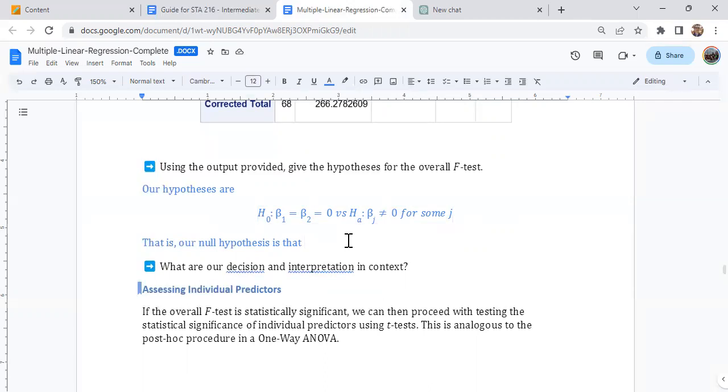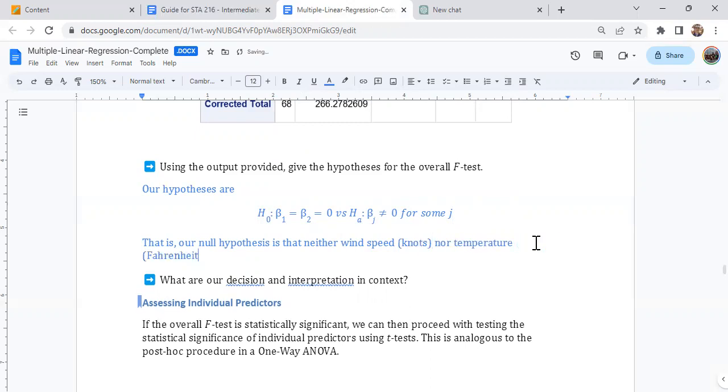So here we'll say our null hypothesis is that neither wind speed nor temperature, I guess we should probably add the units of measurement too, neither of those are linearly related to the wave heights.